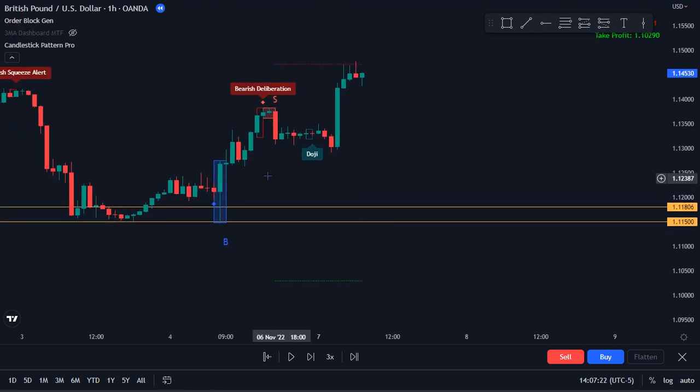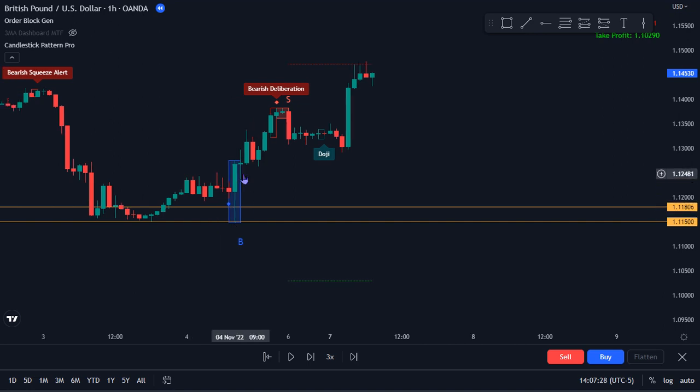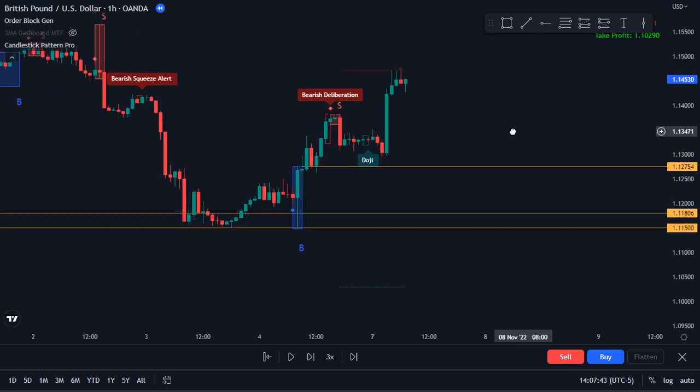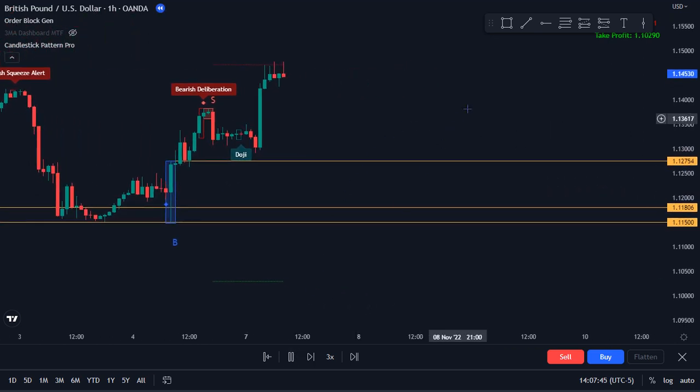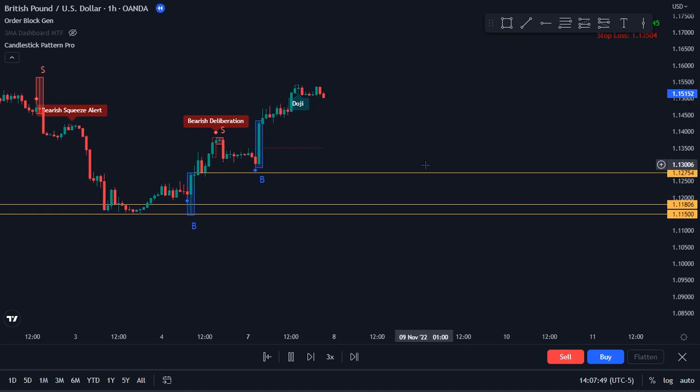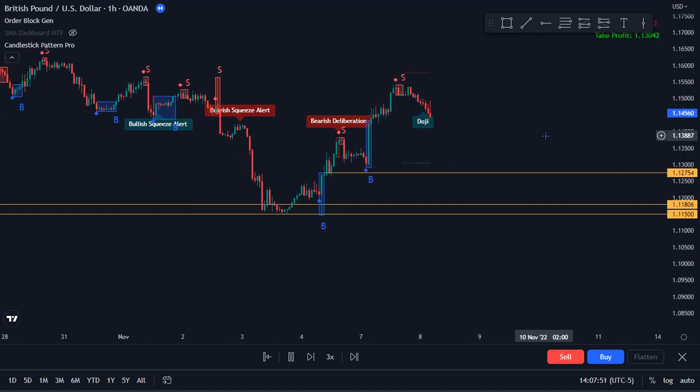So let's say you didn't get this precise entry, or maybe you got stopped out, but this same pattern repeats itself. Bullish order block, it breaks above, dips right back into the top of it. And so you could have gotten in there with your stop below this order block. Remember, the best stop loss is going to be placing it below the order block you got your entry on.